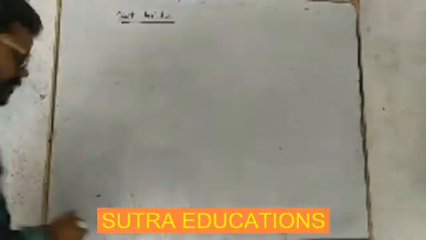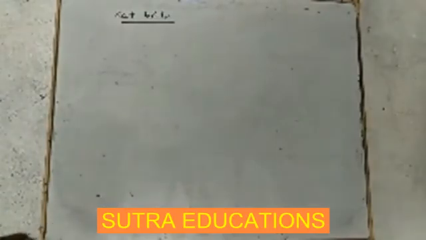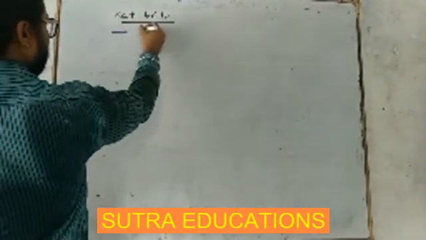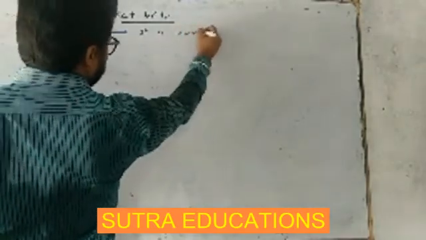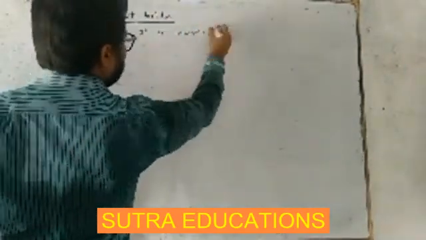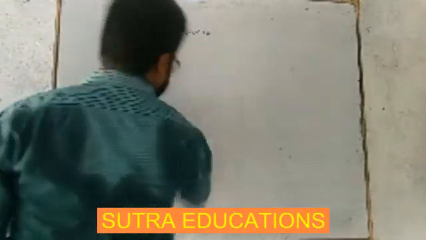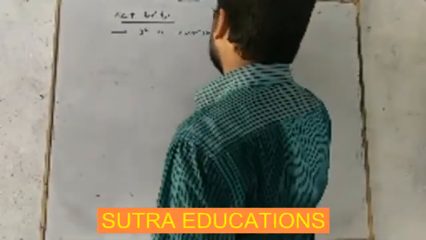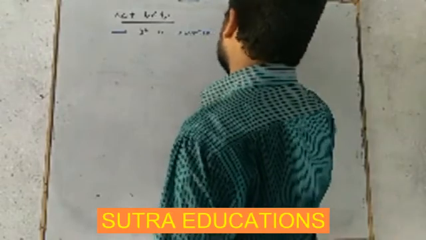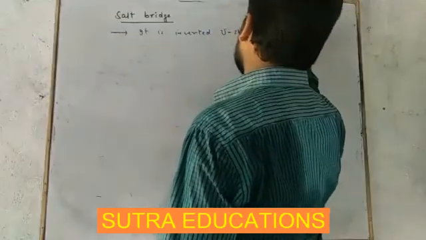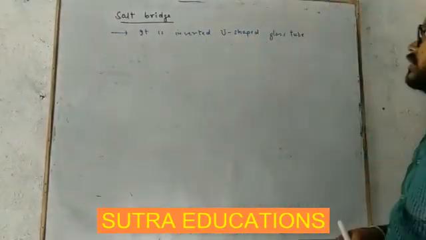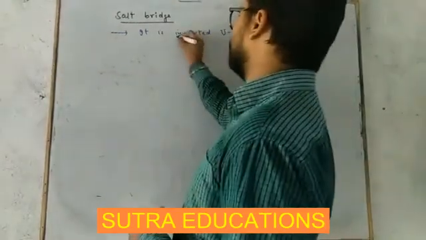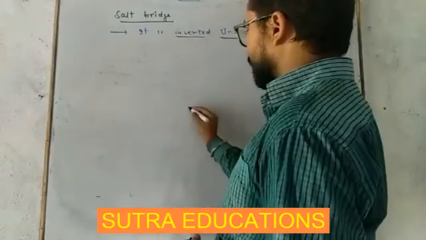What is a salt bridge? It is an inverted U-shaped glass tube. Just remember, like this.